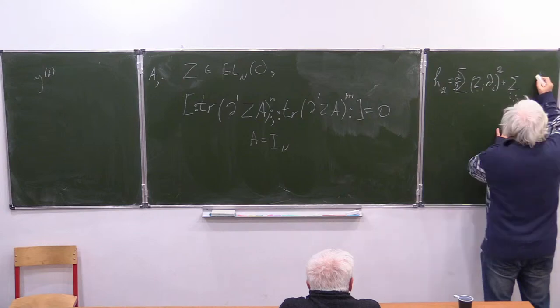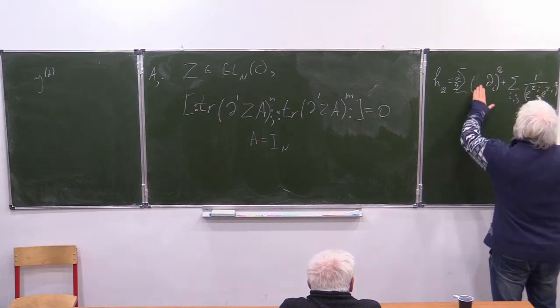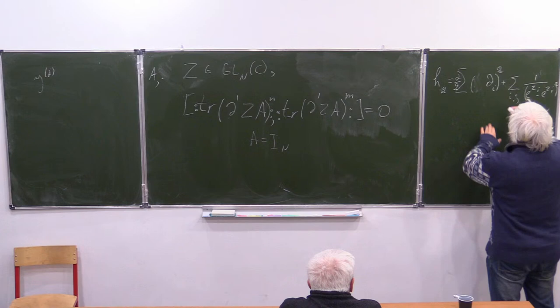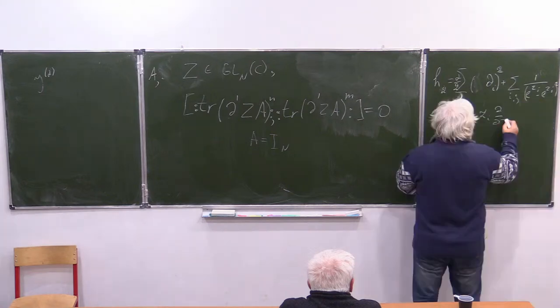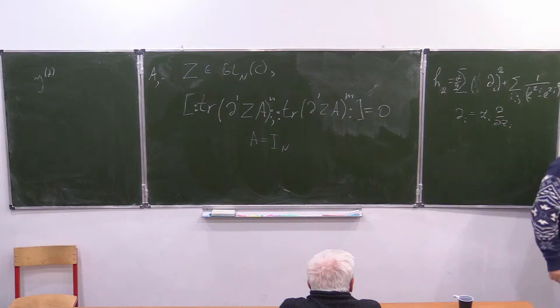I'm a little bit afraid to be not exact, but it looks like this, and d is the derivative with respect to z_i, the eigenvalues. So it's just straightforward quantization of the classical model.